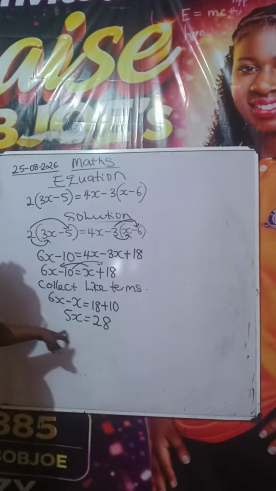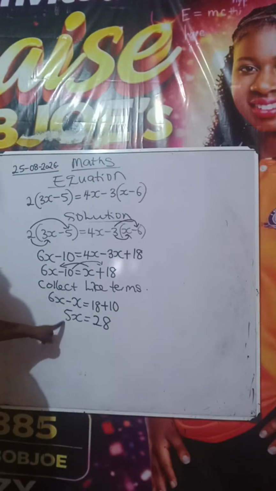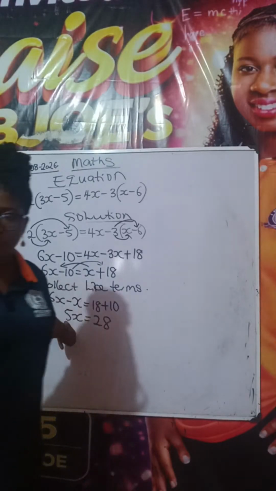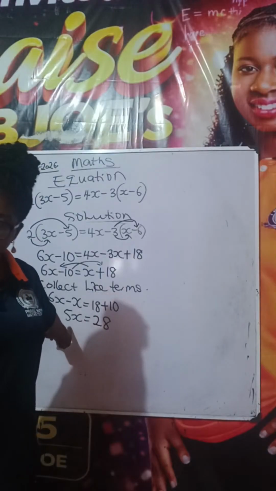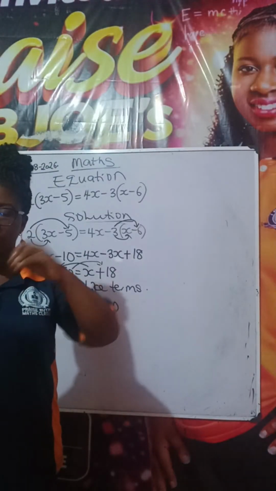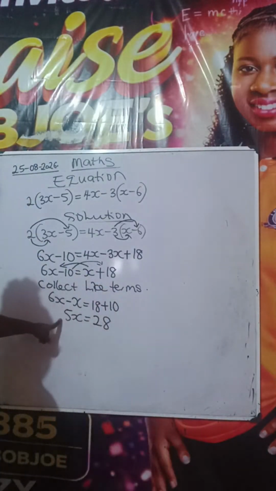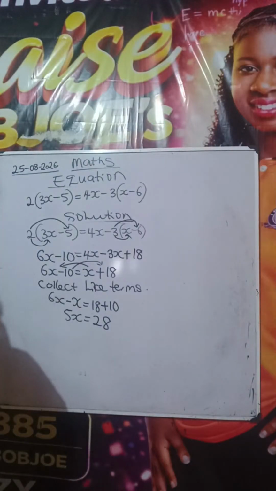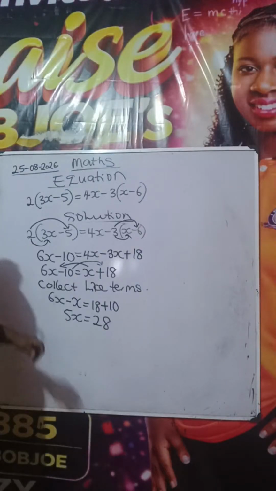Because we are looking for the value of x, I need to remove this 5 from here. Yes. So to remove this 5 here, what do we do? So all we need to do is to divide. Correct.